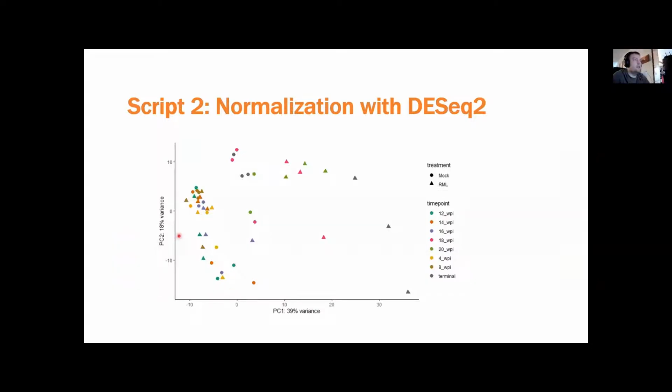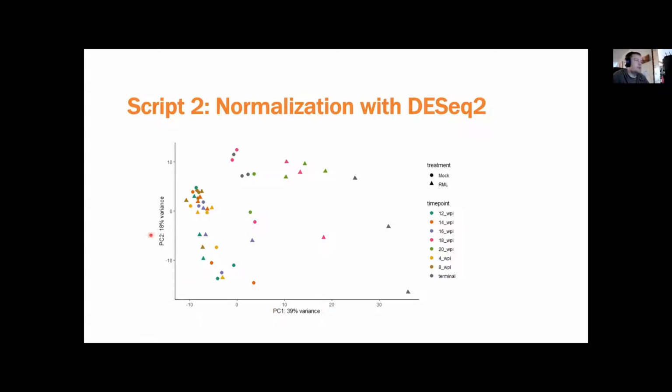But this is what the principal component plot actually looks like. How this type of analysis works is it's trying to measure the actual variance in gene expression, and it's reducing it down to 2 dimensions, which are called principal components. So principal component 1, the x-axis here, is taking into account 39% of the variance in the overall data set.